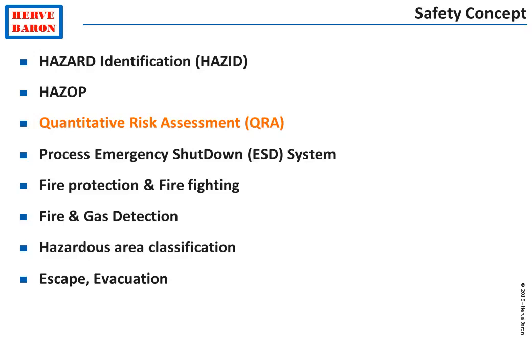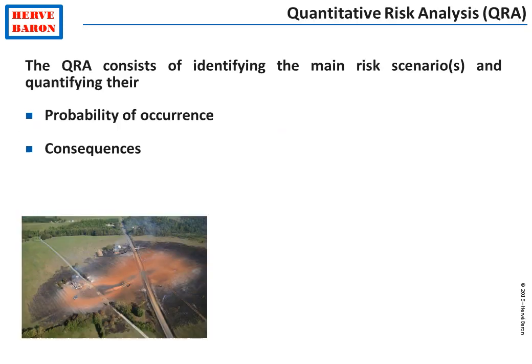The scope of the quantitative risk assessment is to assess the level of hazard created by the plant. The QRA consists of identifying the main risk scenarios and quantifying their probability of occurrence and consequences.